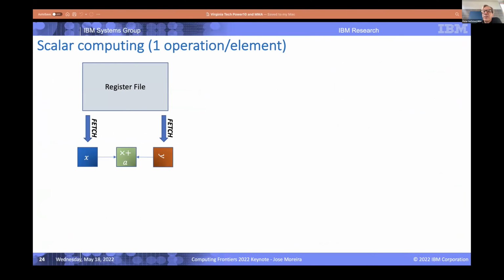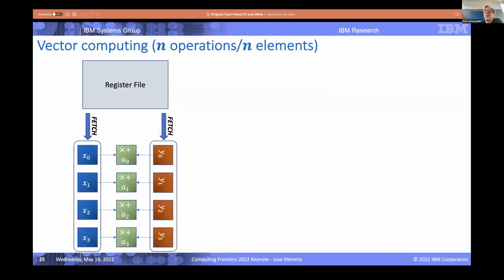All of you are, I'm sure, familiar with the normal type RISC instructions, where I might have two sources and a destination. The destination here is shown in green, and the operation may be something like a equals x plus y, a floating point multiply add, giving you two flops per cycle.